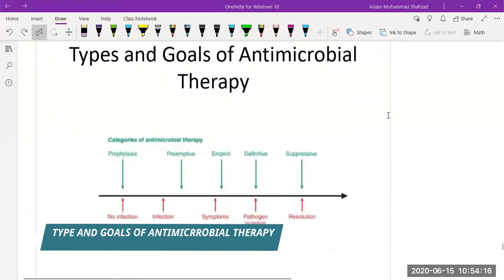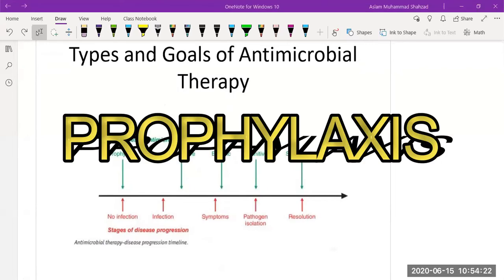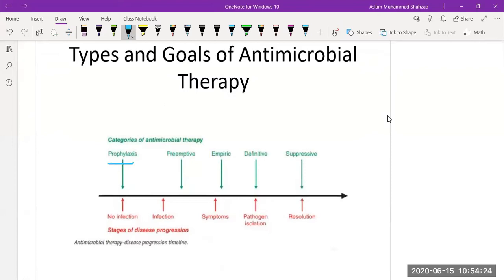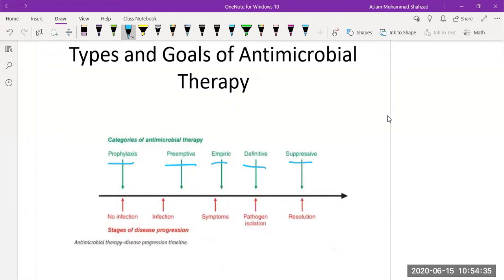And there are five different kinds of antimicrobial therapy. It could be used as prophylaxis, it could be used as preemptive, it could be used as empiric, it could be used as definitive, it could be used as suppressive. And we mentioned in this table that when it is given as prophylaxis, at that time there will be no infection.